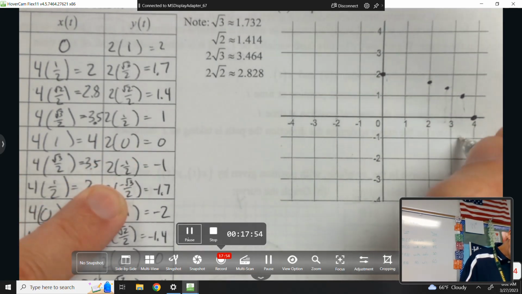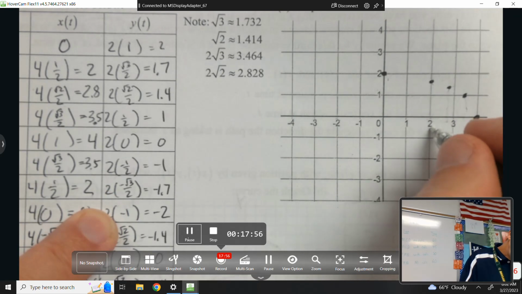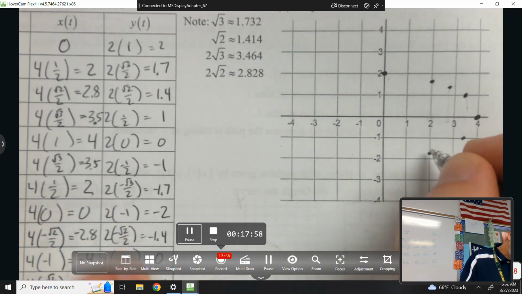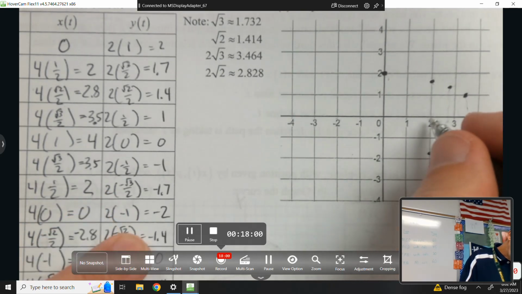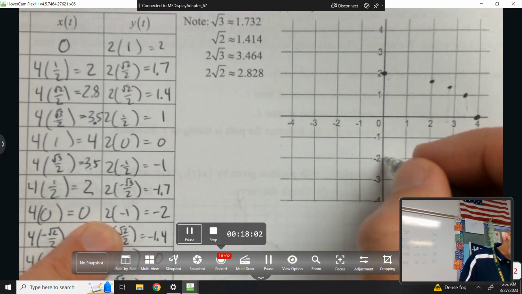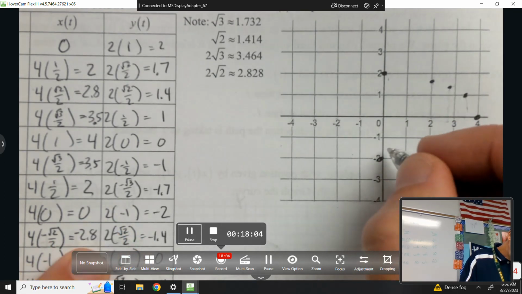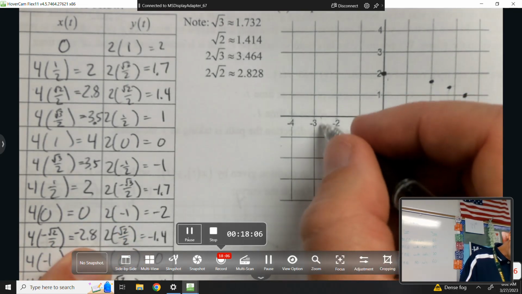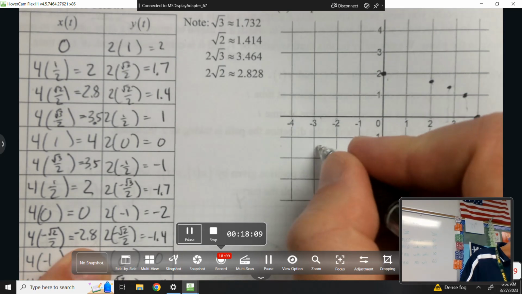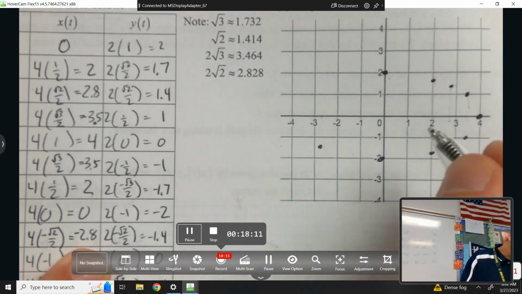3.5, negative 1, 2, negative 1.7, 0, negative 2, negative 2.8, negative 1.4. Some of these are kind of tricky to locate. Negative 4, 0.